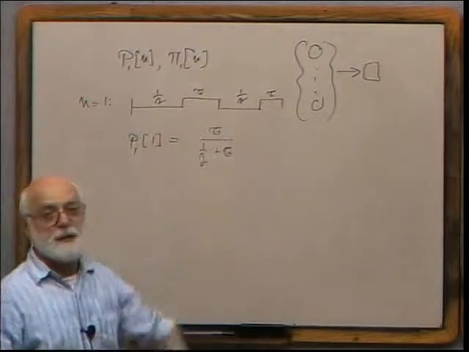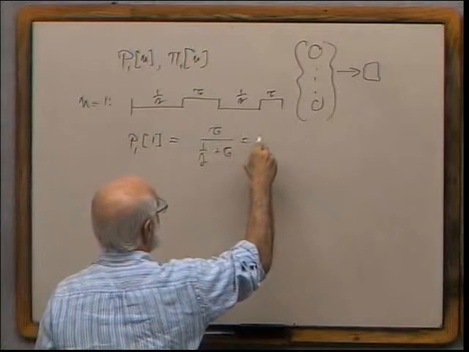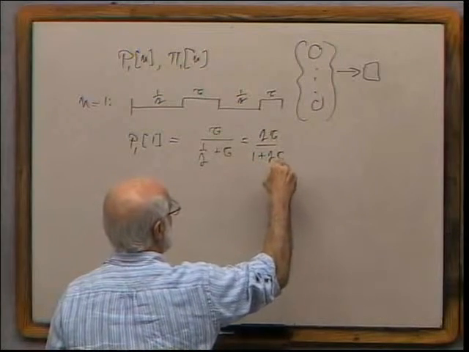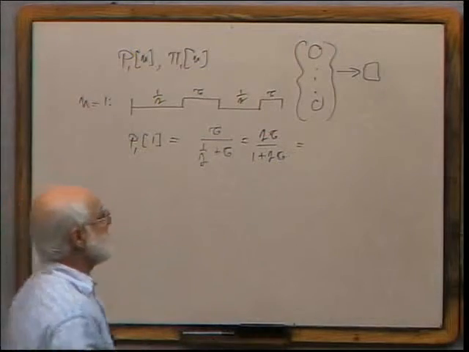Now I'm going to multiply through by gamma. So I get gamma tau over 1 plus gamma tau. And then I'm going to define gamma tau as equal to what I call A hat.